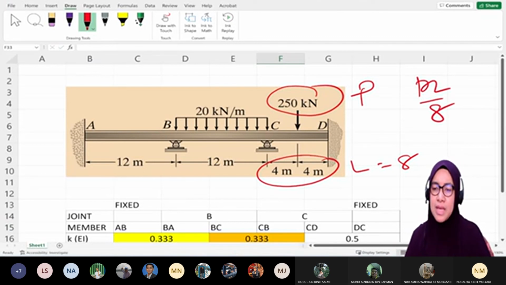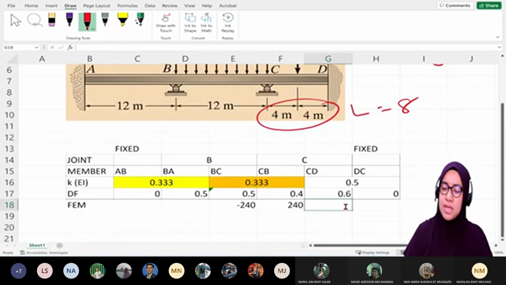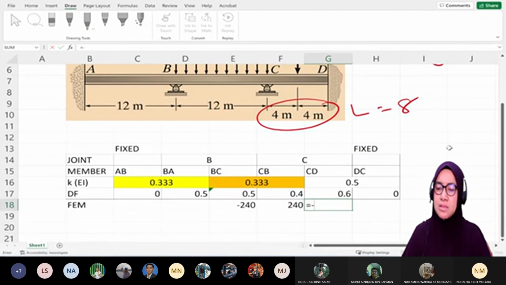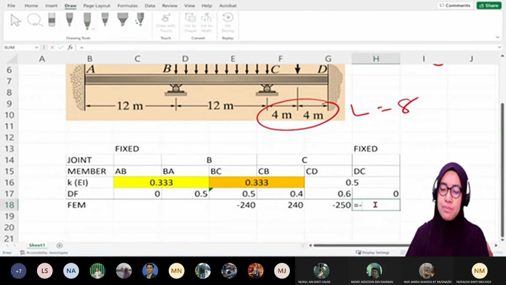We get 250 back. So it is negative, P is 250, 250 L over 8. So we get 250 actually, using the formula PL over 8. Another one is positive.